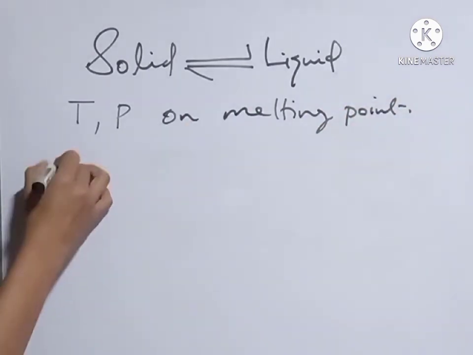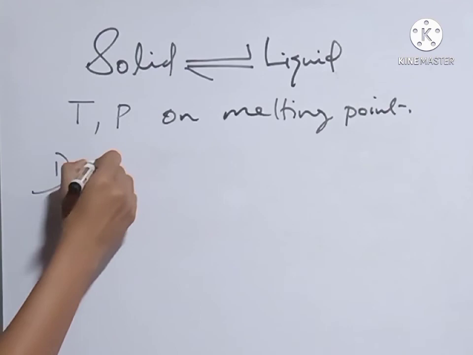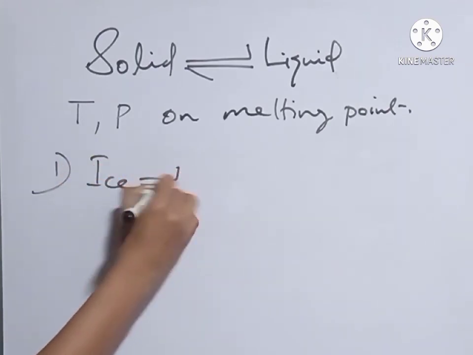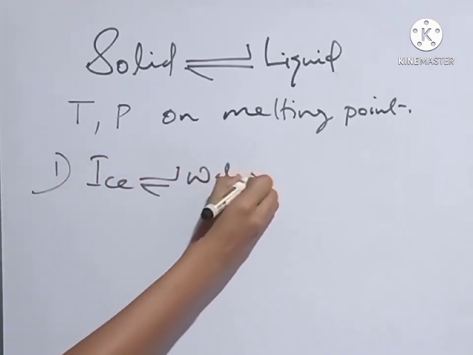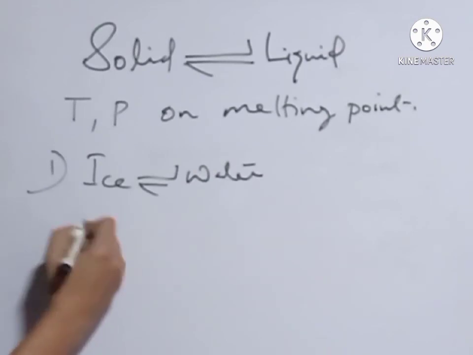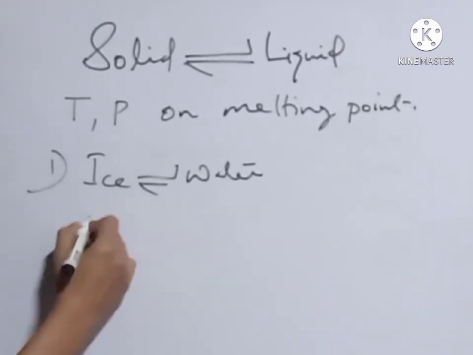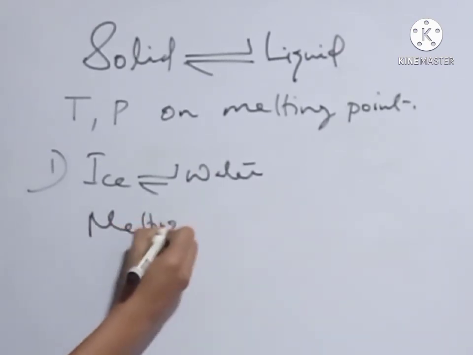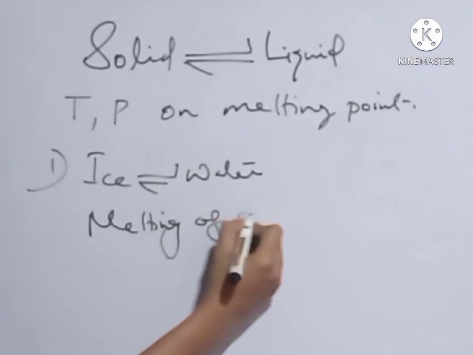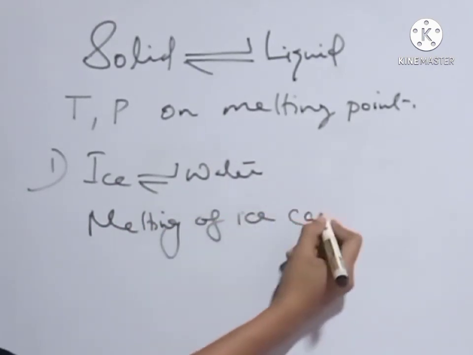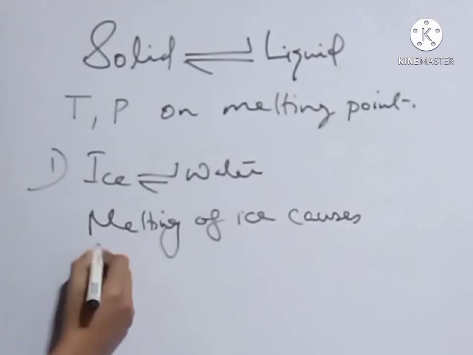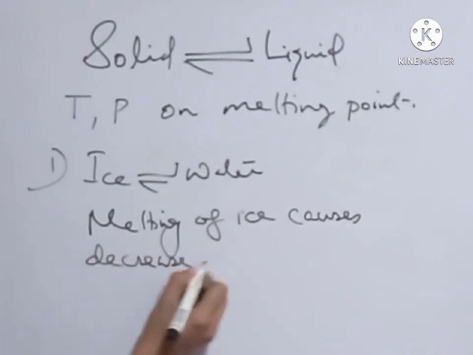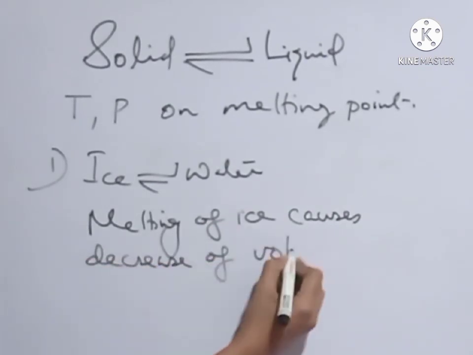For example, if we talk about the melting of ice, that is ice to water, in the case of ice, melting causes a decrease of volume.